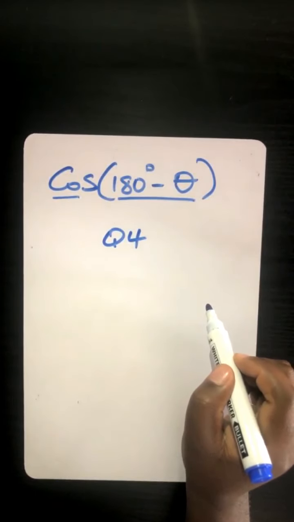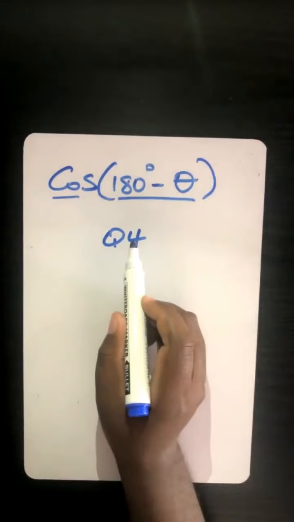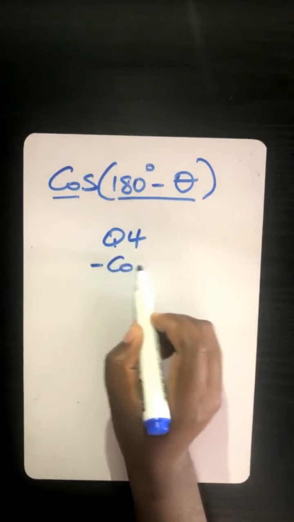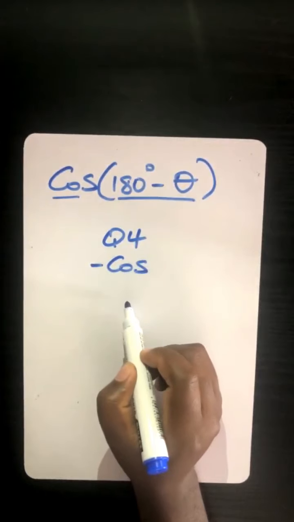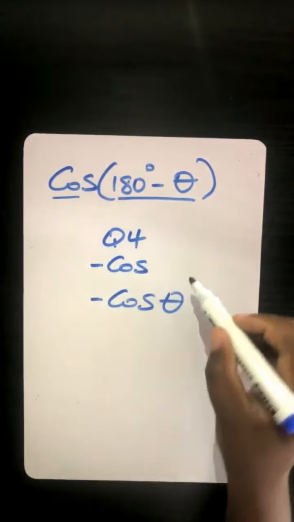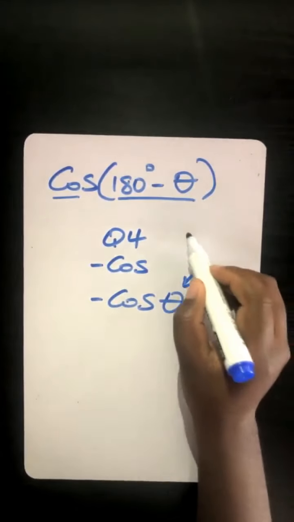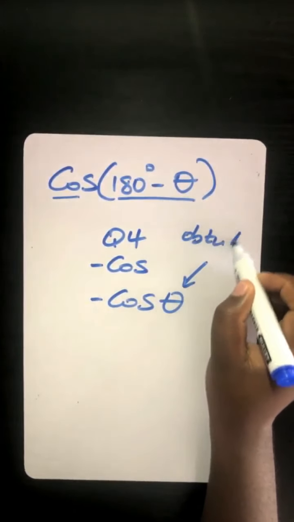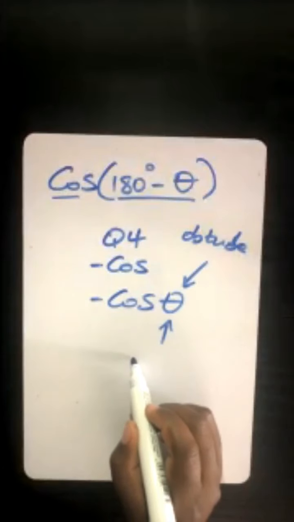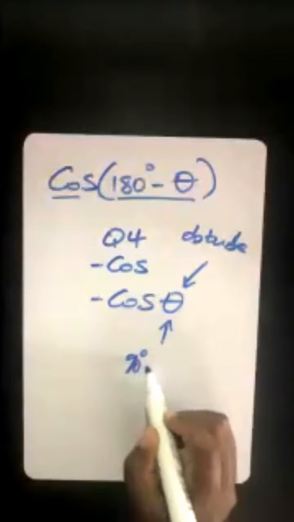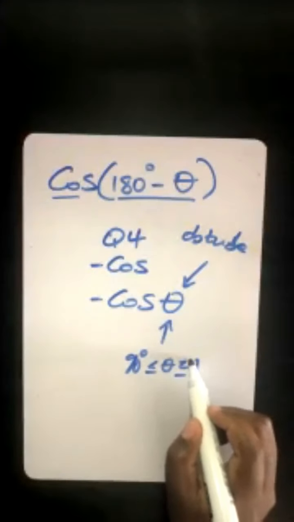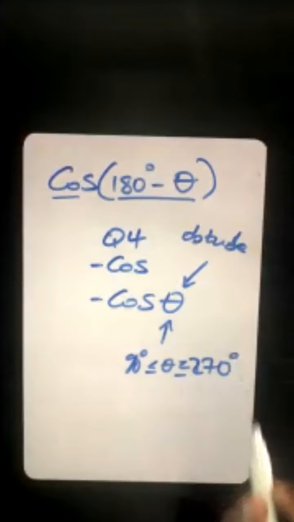And again, in quadrant number 4, cos is negative. So that means we end up having negative cos angle. And that angle is an obtuse angle, which means that angle falls between 90 degrees and 270 degrees.